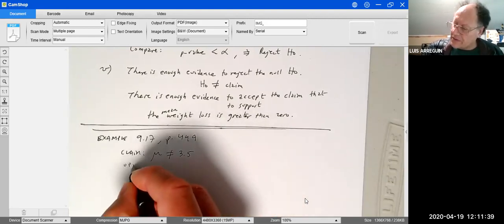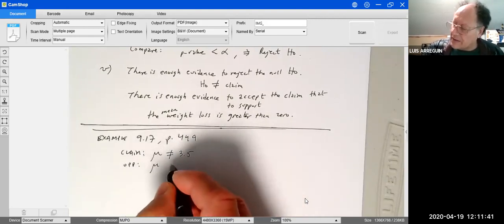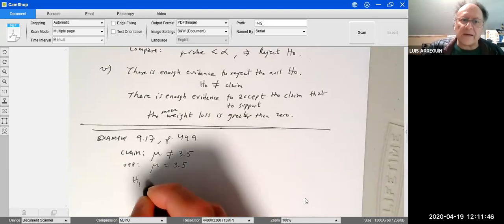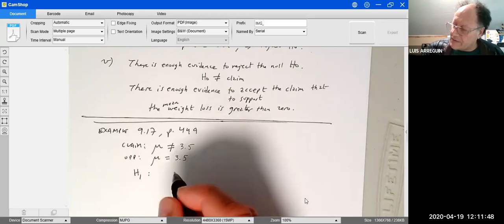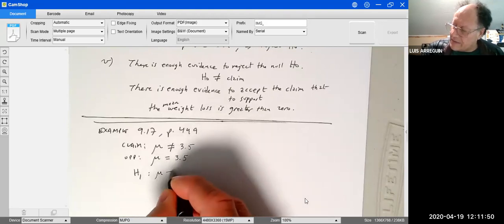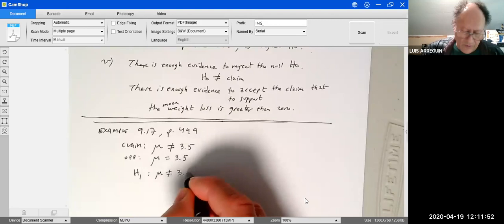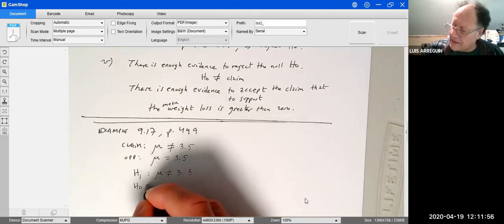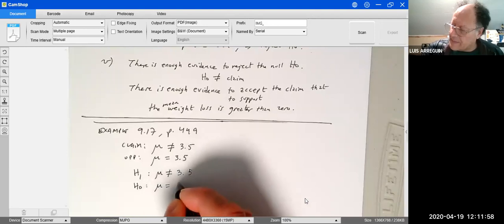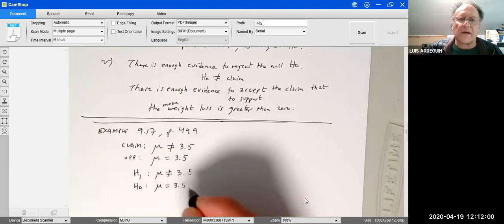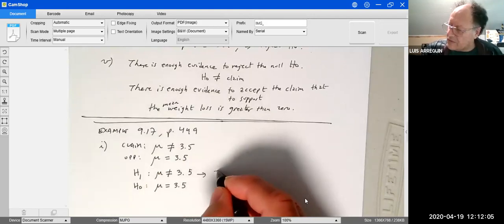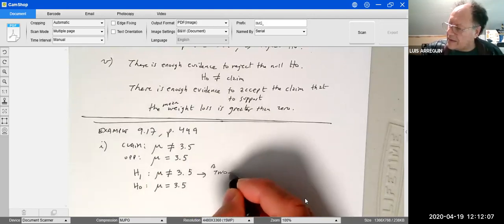So the opposite is just mu equals 3.5. Then the alternative is going to be the one that doesn't contain the equal sign. So the alternative is just mu different from 3.5. The null is the one that contains the equal sign. So from here you're going to see that this is a two-tailed test.